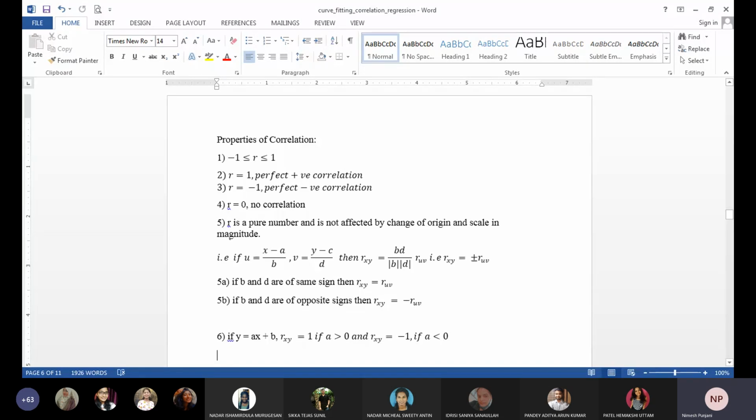Sixth property: if y is equal to ax plus b, then r xy, that is the coefficient of correlation, will be 1 if a is greater than 0, and the coefficient of correlation will be -1 if a is less than 0.